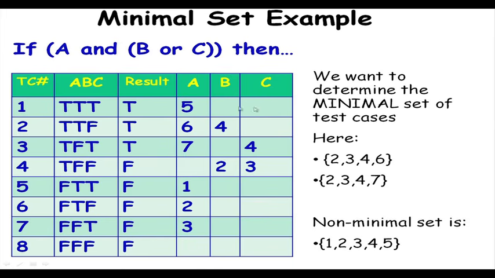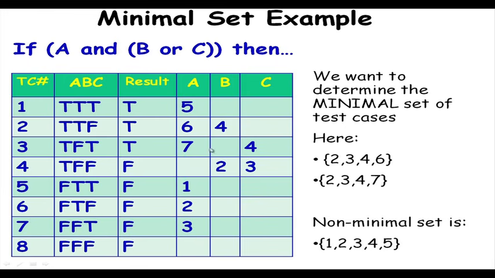For example, 1 and 5 achieve independent evaluation of the first basic condition, 2 and 6, 3 and 7, 5 and 1, 6 and 2, 7 and 3. These achieve independent evaluation of A. Similarly, 2, 4 and 4, 2 achieve independent evaluation of B, that is the second condition, and the third one is only 3, 4 or 4, 3.